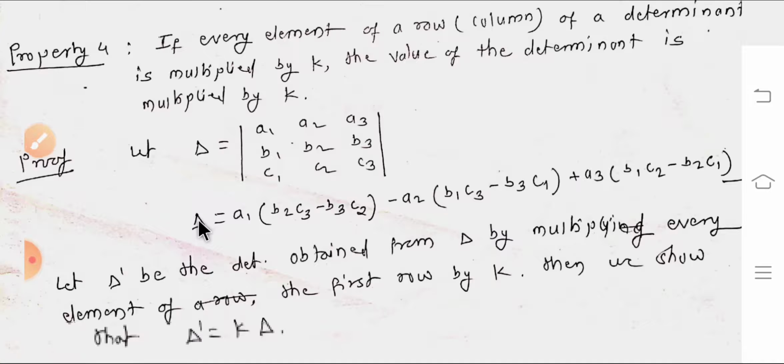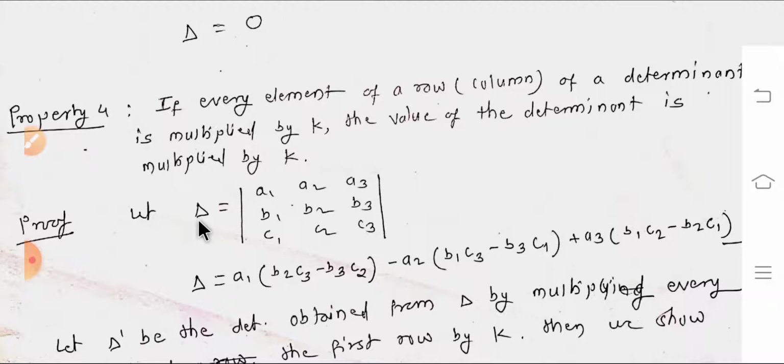Property 4: if every element of a row or column of a determinant is multiplied by k, the value of the determinant is multiplied by k. Suppose let delta be the determinant a1 a2 a3, b1 b2 b3 and c1 c2 c3, any determinant.